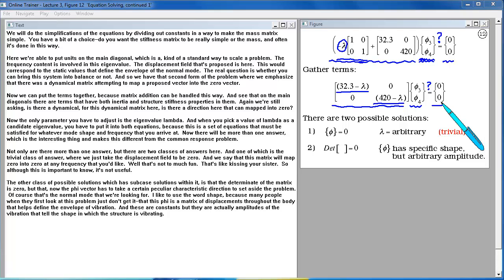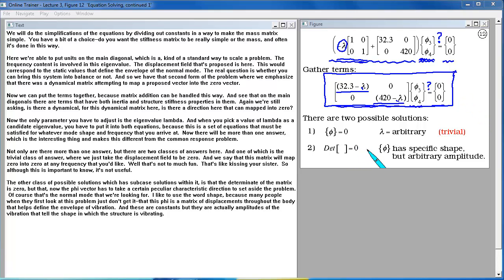The only parameter you have to adjust is the eigenvalue lambda. When you pick a value of lambda as a candidate eigenvalue, you have to put it into both equations, because this is a set of equations that must be satisfied for whatever mode shape and frequency you arrive at. Now, there will be more than one answer, which makes this different from the common response problem.